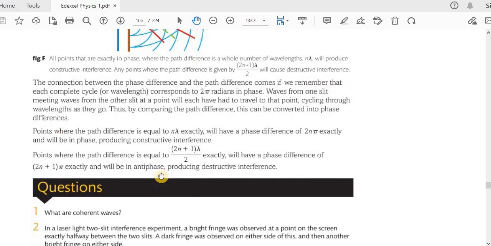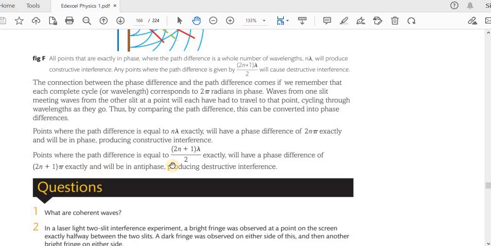Points where the path difference is equal to n lambda exactly will have a phase difference of 2n pi, because remember a phase difference of one wavelength is equal to 2 pi radians or 360 degrees. 2n pi exactly, and will be in phase, producing constructive interference.